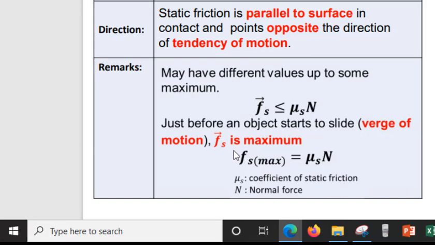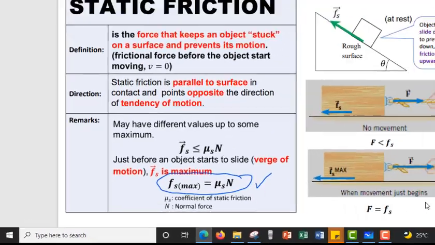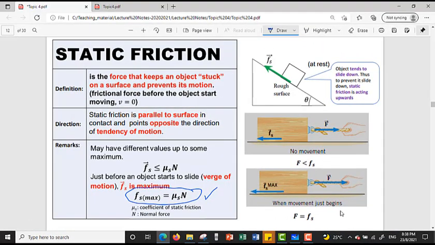This maximum value can be calculated using the equation Fs maximum is mu s N. Mu s is the coefficient of static friction. N is the normal force. So I'm going to use this equation to calculate the coefficient of static friction.